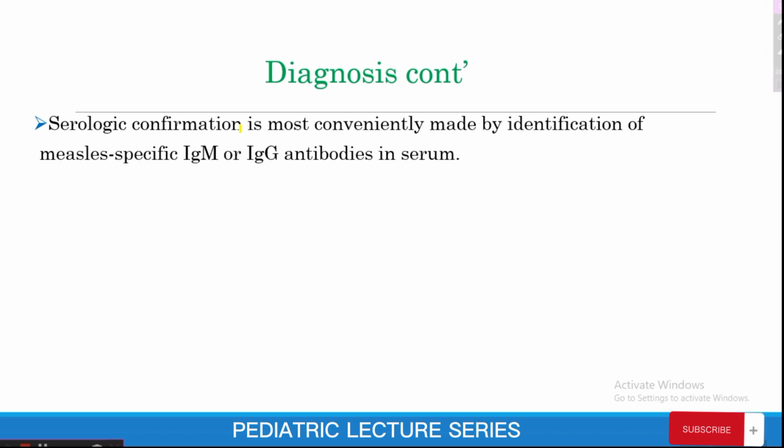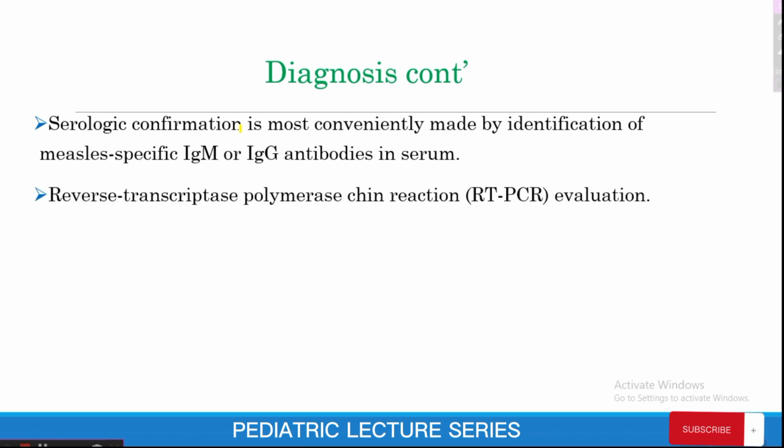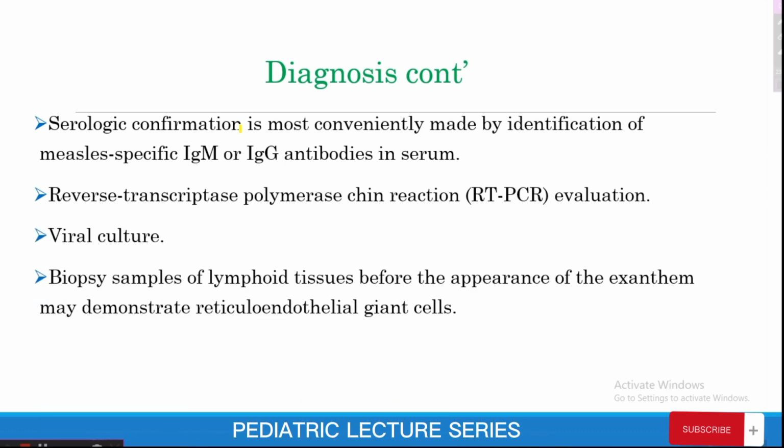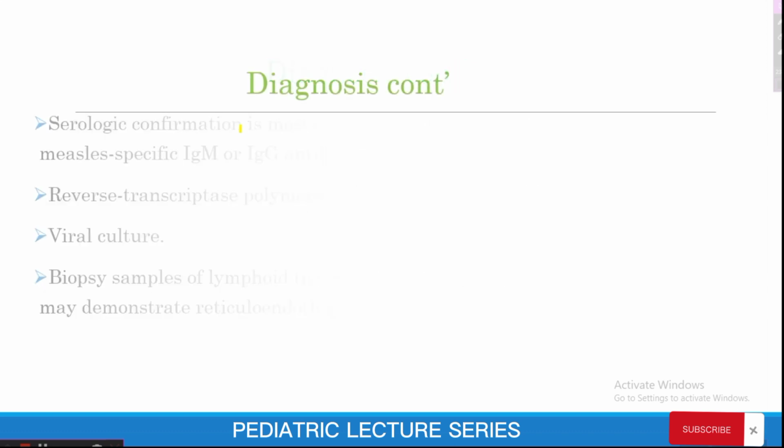This is going to be based on identification of measles-related IgM and IgG antibodies in the blood serum. Then you can also use PCR, which is very effective in confirmation of measles. And then viral culture, rarely done. Then biopsy samples of lymphoid tissue before the appearance of the maculopapular rash may demonstrate reticuloendothelial giant cells.